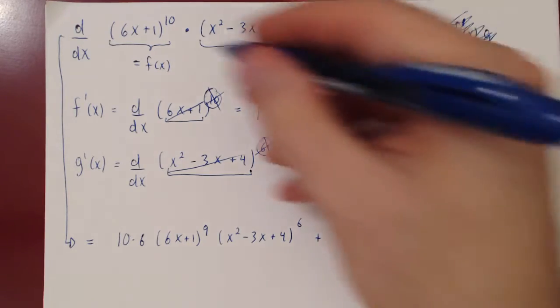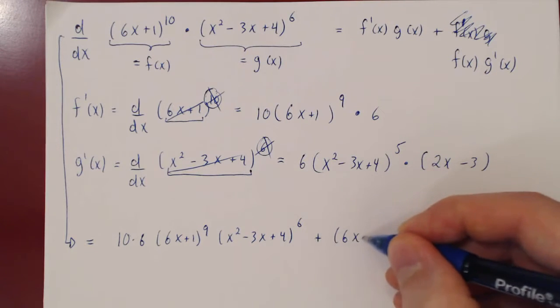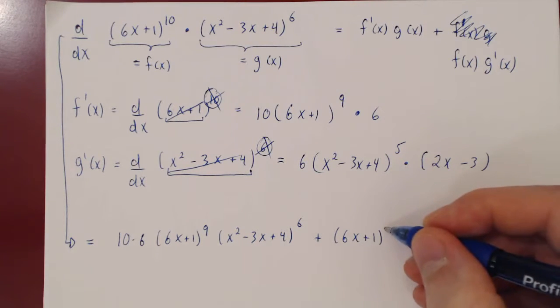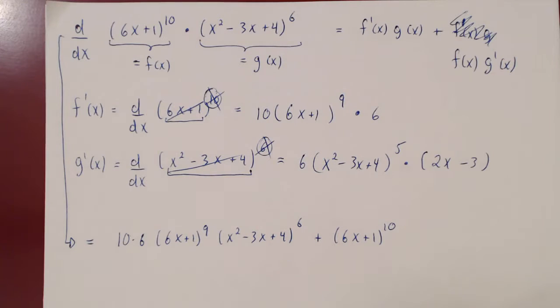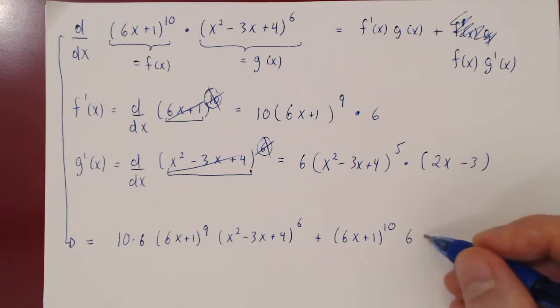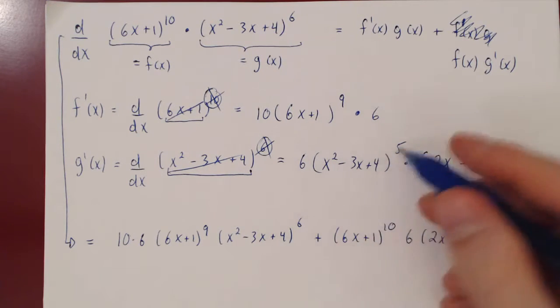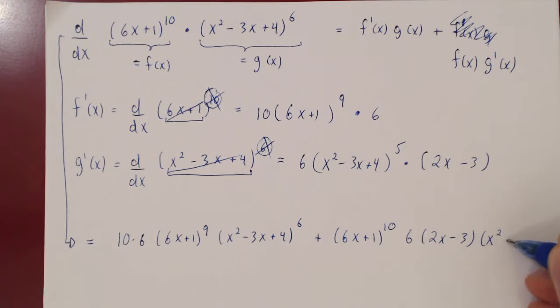Plus f of x, (6x plus 1) to the 10, times now the derivative of g of x, which is 6. I'll put this term first, times (2x minus 3), times the 5th power of our quadratic, (x squared minus 3x plus 4) to the 5th power.